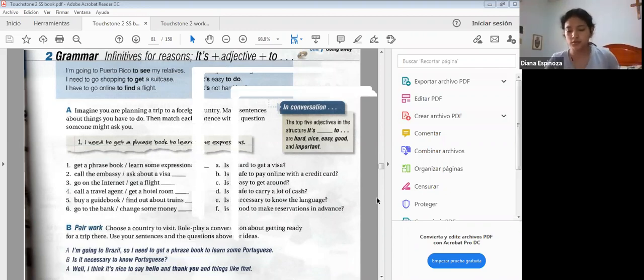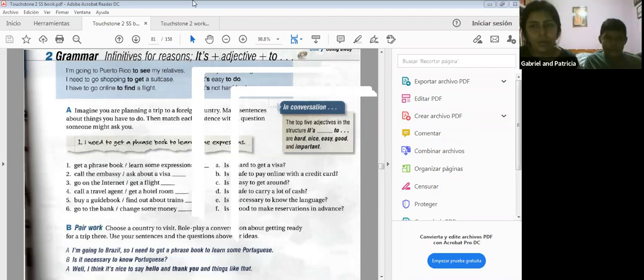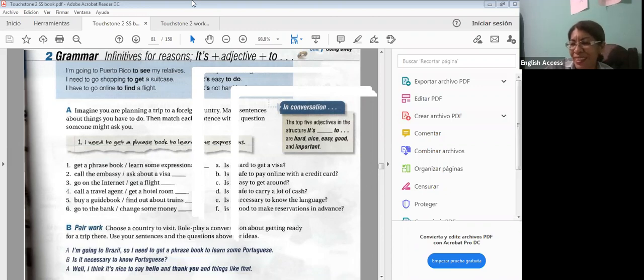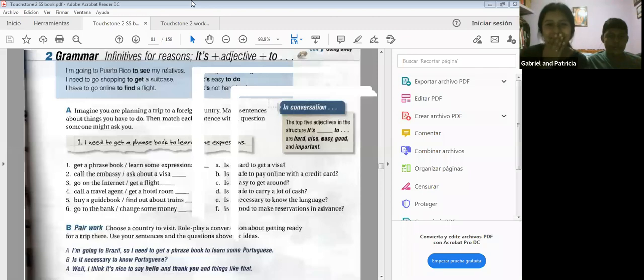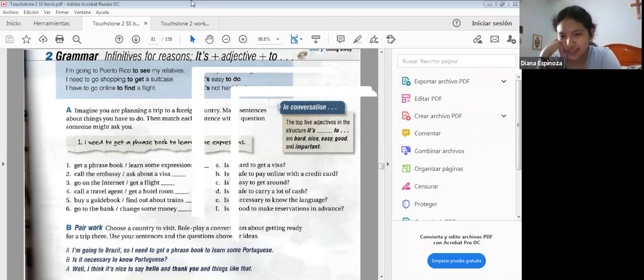I want to go to the beach to swim. To swim, okay, correct. Patty, I need to buy insect repellent to go to the forest park.